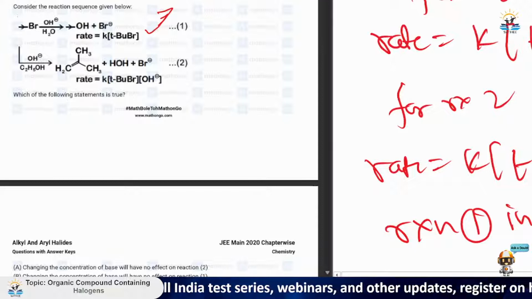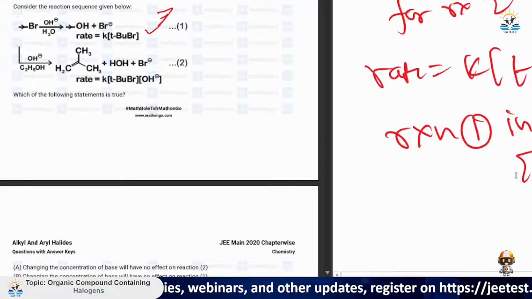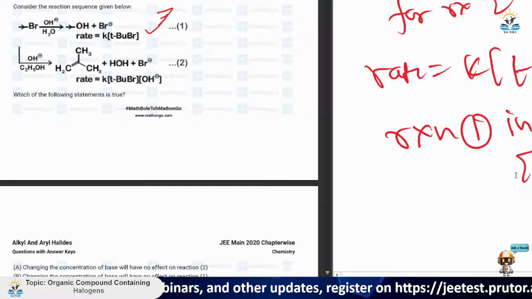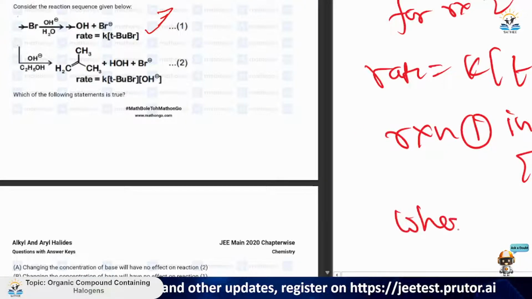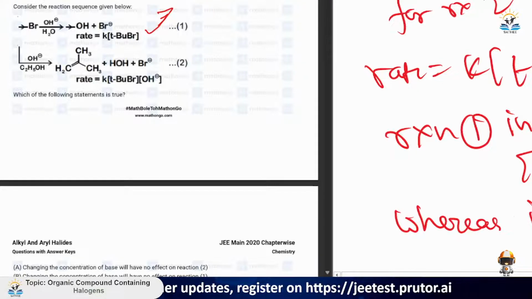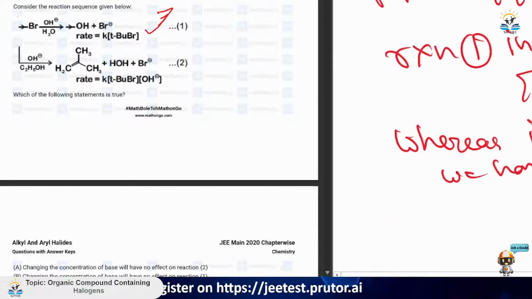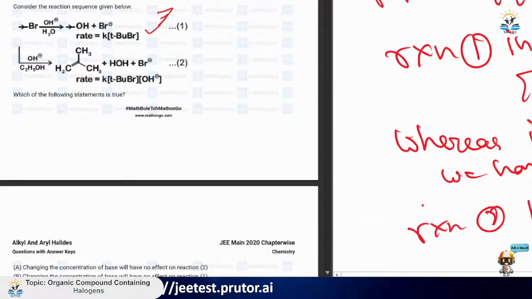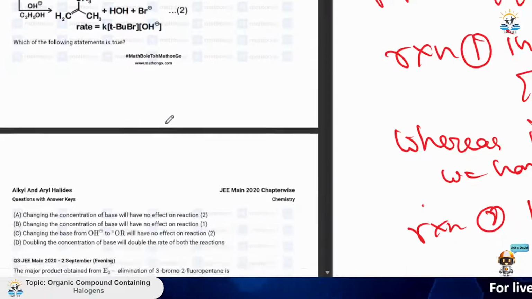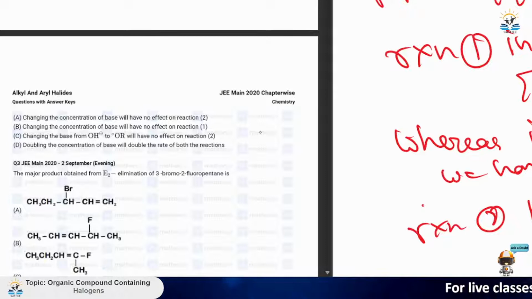There is no dependence on the concentration of OH minus in reaction 1, whereas in reaction number 2, we have a dependence on the concentration. Or we can say that reaction 2 depends on the concentration of OH minus. So it will have an effect. So hence changing the concentration of base will have no effect on reaction number 1. So this one is the B answer.